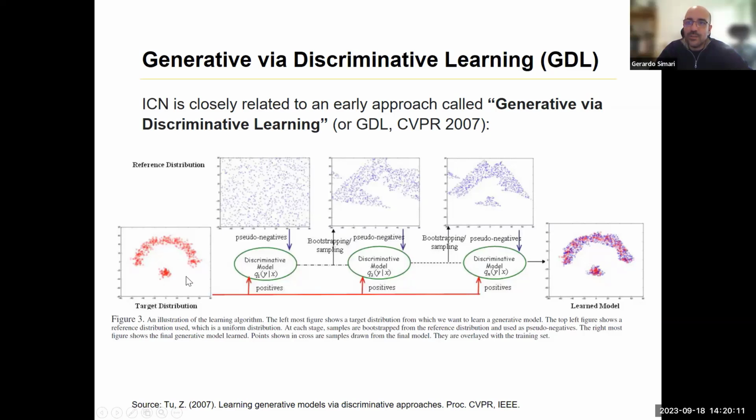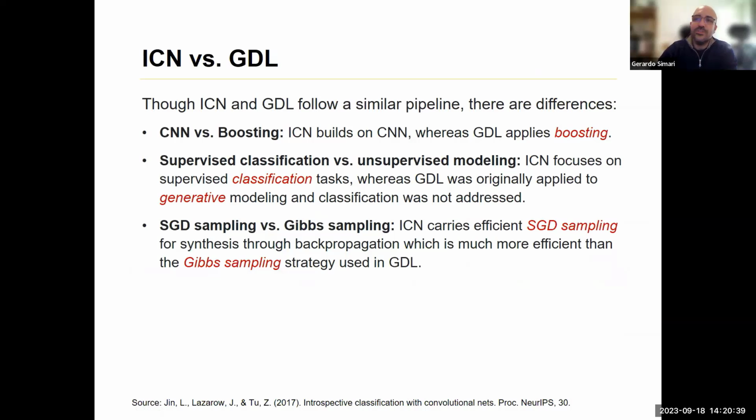So what they're doing is they have a target distribution, they have iteratively refined discriminative models, also based on pseudo-negatives. This is where the term comes from. And you can see here how they start forming this cloud of pseudo-negatives, and they use it to inform and refine their model until they learn their final iteration. So the authors analyze this and say, okay, yeah, it is a similar pipeline, but there are differences.